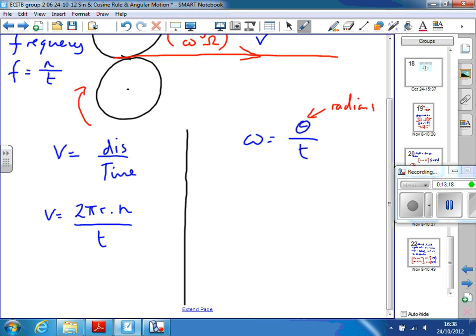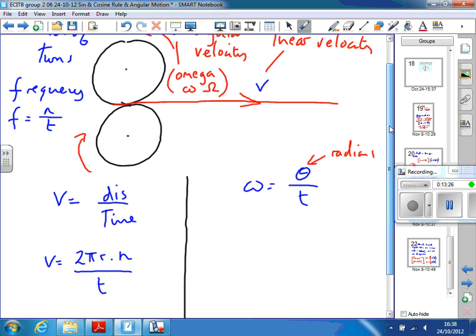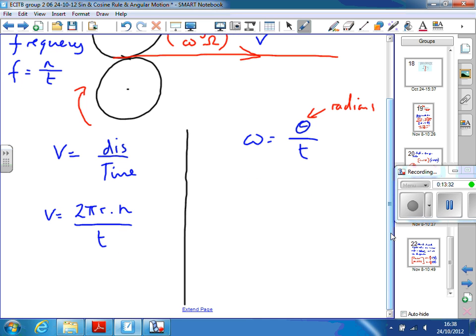But we've got an expression for n over t. The number of turns divided by the time it takes is called the frequency. So in other words, v equals 2 pi r times the frequency. The circumference of the circle times the number of times it rotates per second will give us an expression for the linear velocity v.